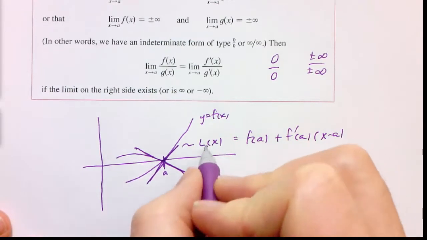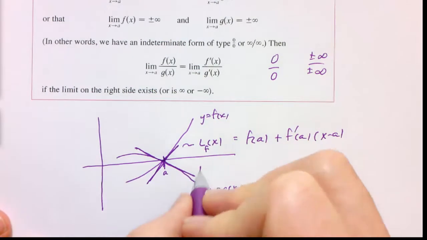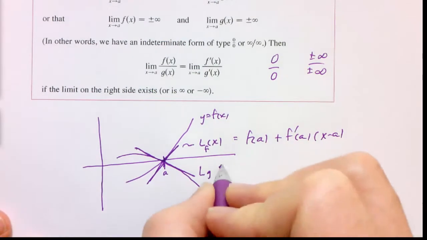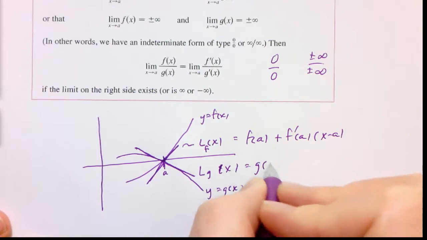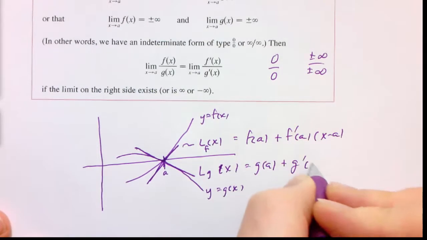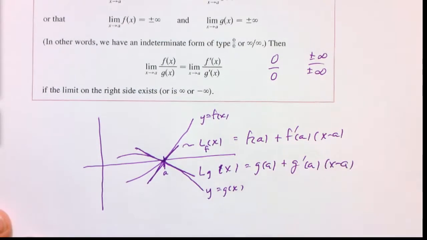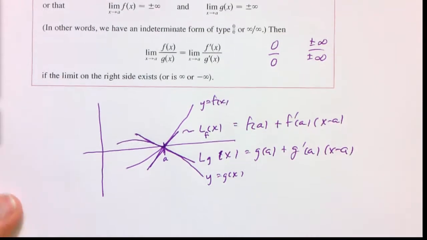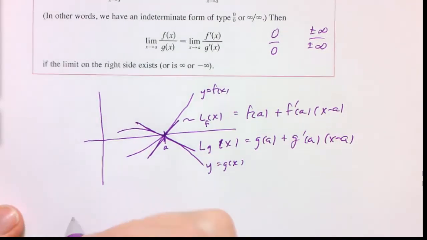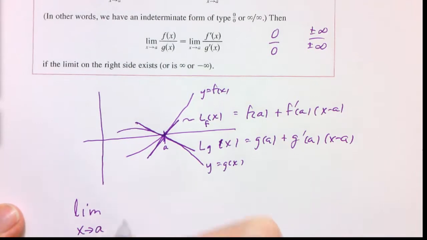Let's call this linearization L_f. The linearization for g would be g of a plus g prime at a times x minus a. And what we're going to do is substitute those linearizations into the limit and see what it might do for us. So we have the limit as x approaches a of f of x over g of x.